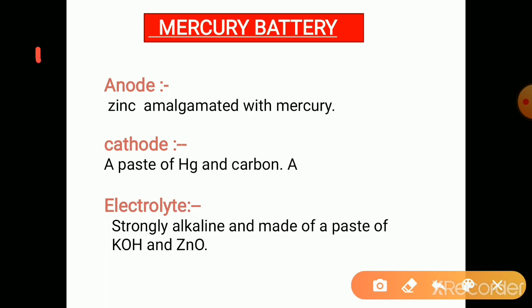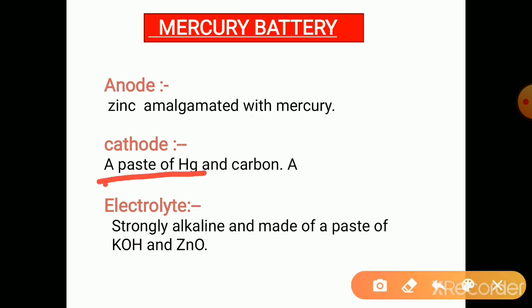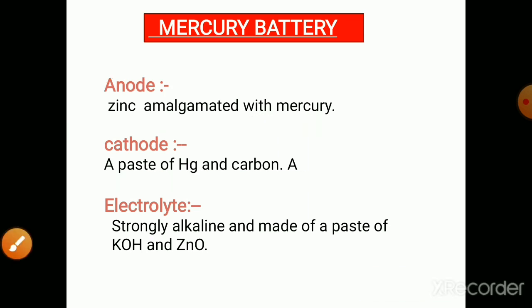Then the third secondary voltaic cell given for your study is the mercury battery. The anode is zinc amalgamated with mercury. The cathode is a paste of mercury and carbon.